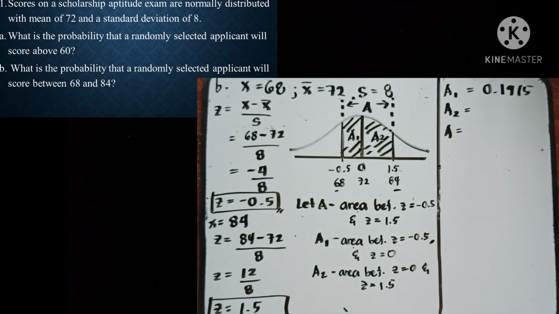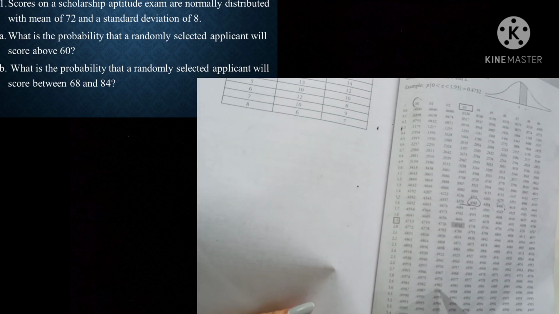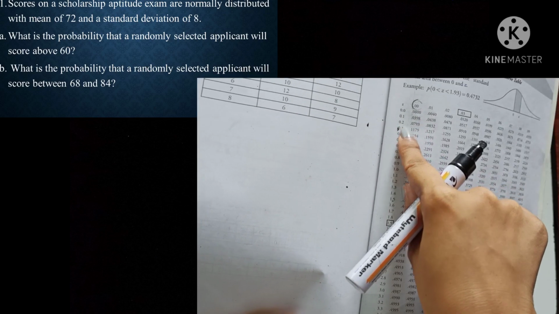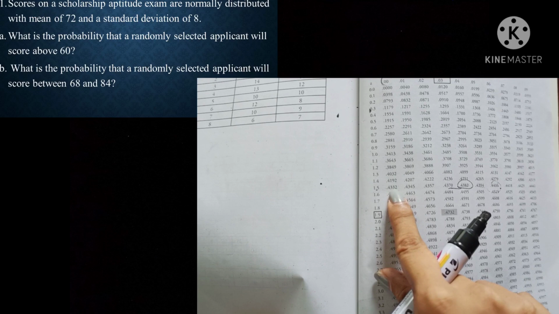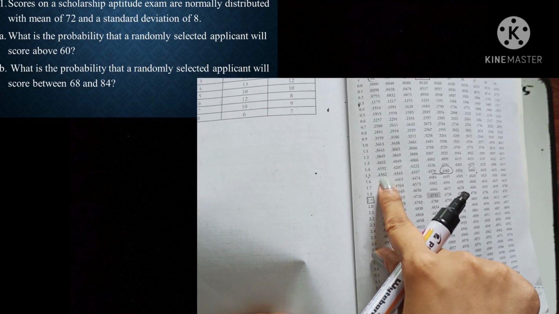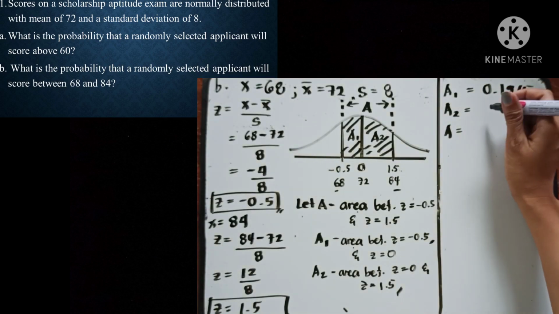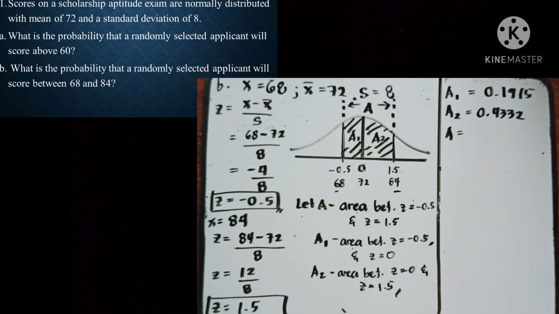How about our A sub 2? Ang A sub 2 natin is the area between z is equal to 0 and z is equal to 1.5. So, hanapin lang po ulit sa z table yung 1.5. Okay, so 1.5 or 1.50, ang equivalent is 0.4332 or yung area is 0.4332.